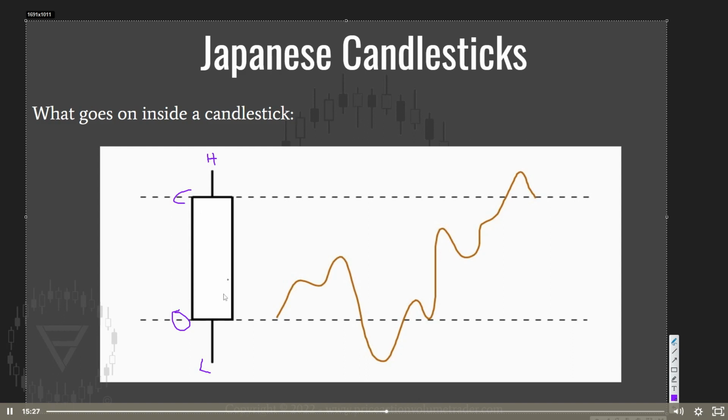But now, what happens during that hour? Well, that's something that we can only find out if we start going into lower time frames, so we can look at what happens inside of this, because this is, for example, the path that price might have taken here. We know we opened here, maybe the market moved up, came down all the way.